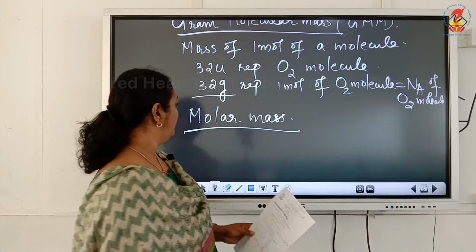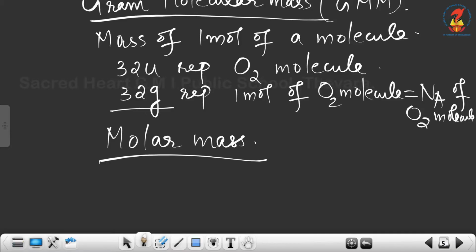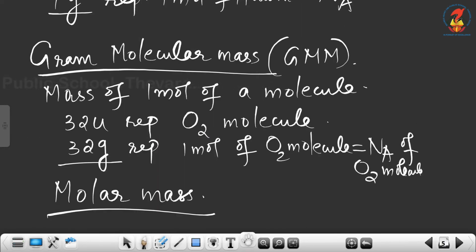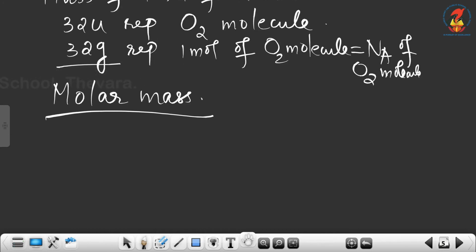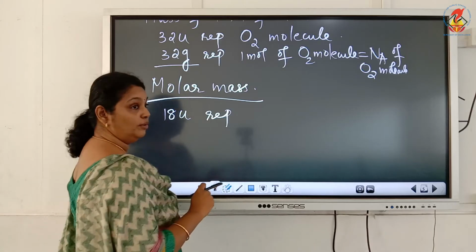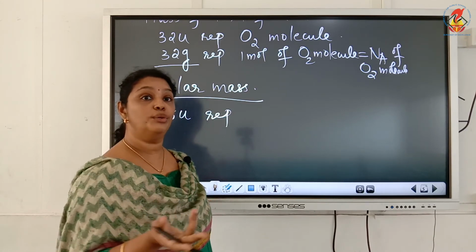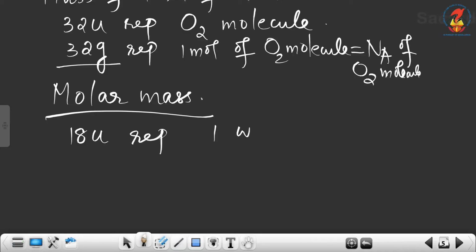Now, I will give you one more example. 18 U represents, you know that 18 is the molecular mass of water. So, 18 U represents 1 water molecule.